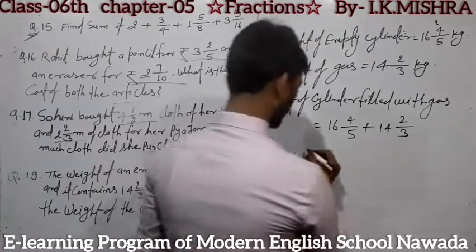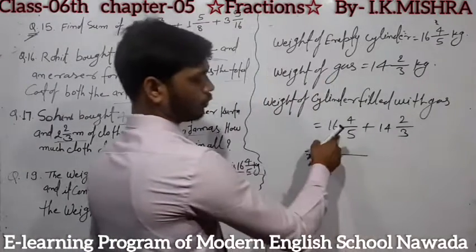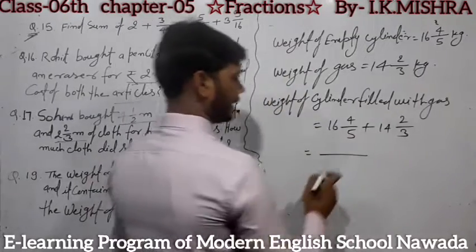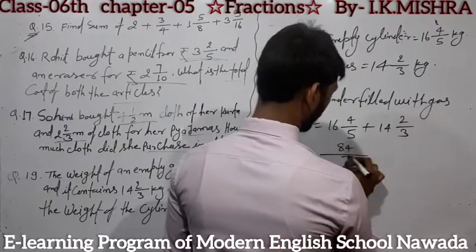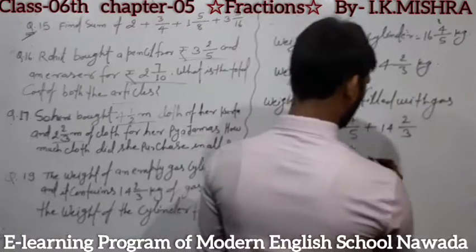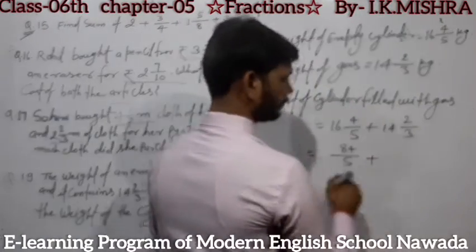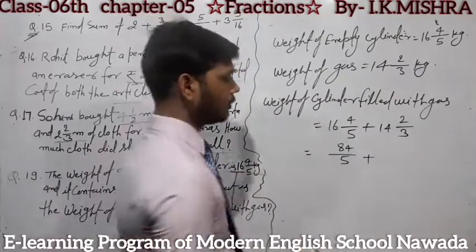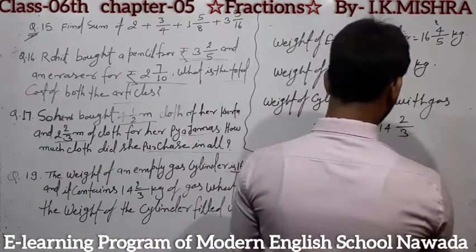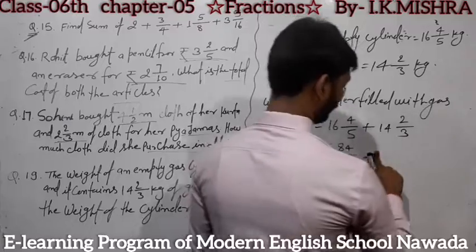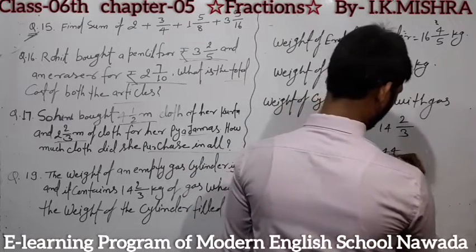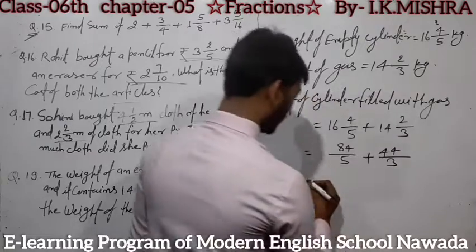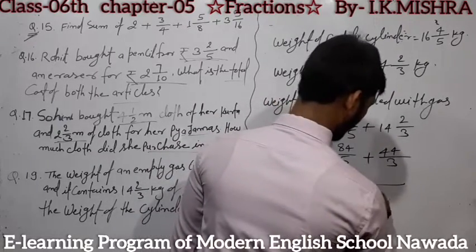Students, first of all, change it into improper fraction, and 16 into 5 is 80 and 84 by 5 plus here 14 into 3 is 42 plus 2, 44 by 3. After that, students, LCM 15.